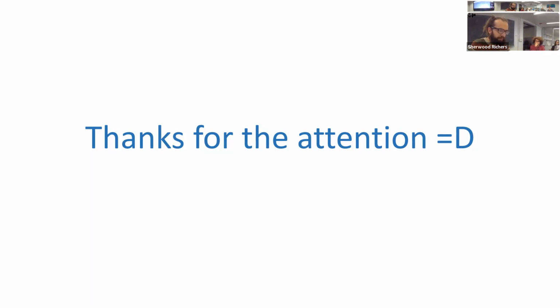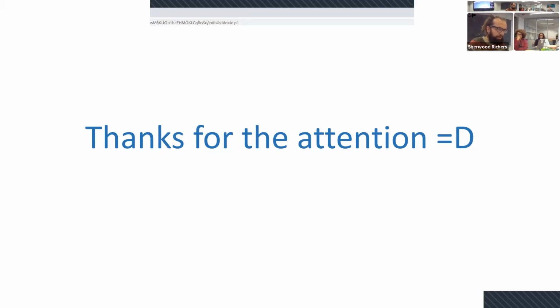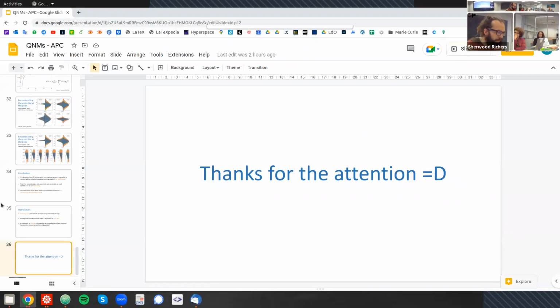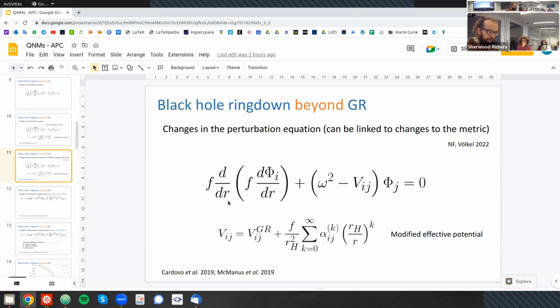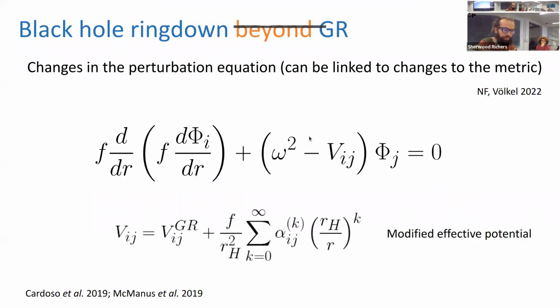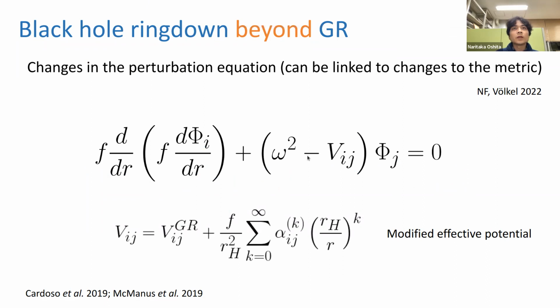So I would be curious to see how it would look if they have a similar form and we can actually add a similar contribution like this to the Teukolsky equation. Assuming we have detected the fundamental, first overtone and second overtone, can we reconstruct the Teukolsky equation or something like that? I don't know. This is something I would be interested in.